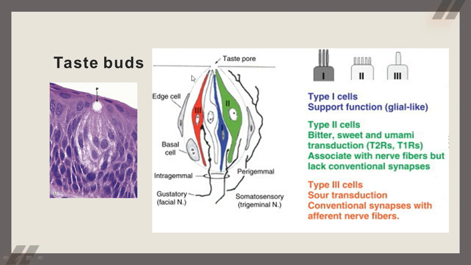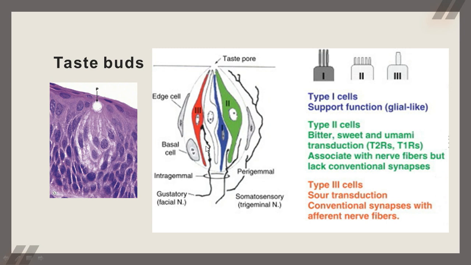And then you have the third type of cell, which is called a neuroepithelial cell or transduction type of cell, which will be responsible for the transduction of the nerve impulses or the taste sensation. These taste buds are present mainly on the circumvallate papillae, and a few of them are present in the superior portion of the fungiform papillae and some on the foliate papillae.